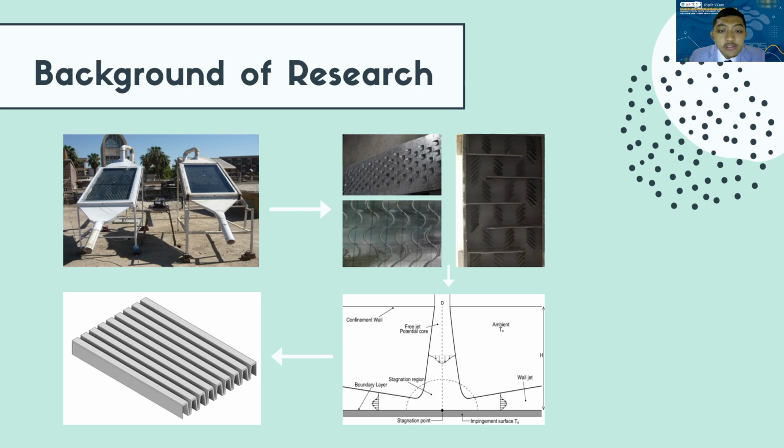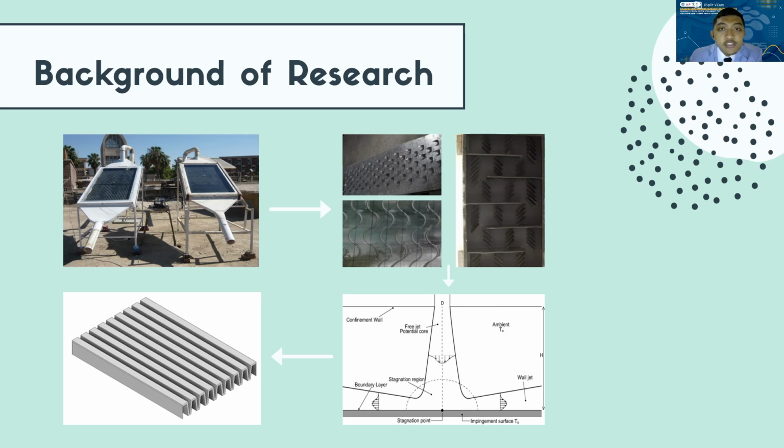And in addition, this method can also be used to heat a component or a curtain material, for example, in the food drying process. Based on the above background, in this final project, a research will be conducted on the provision of jet impingement on solar air heater, which has two arrangements of trapezoidal absorber plates, or the so-called double trapezoidal absorber plate solar air heater, DTAP-SAH.